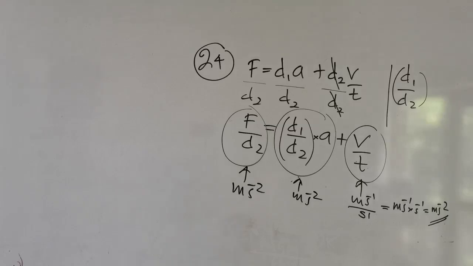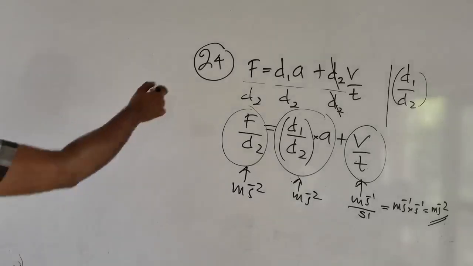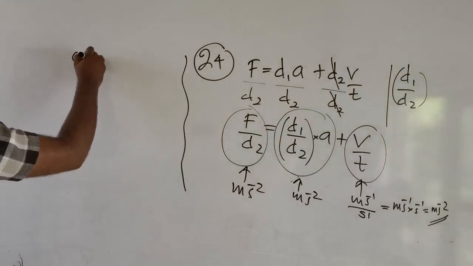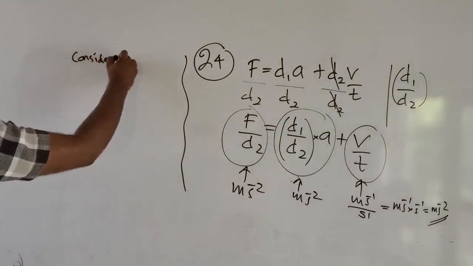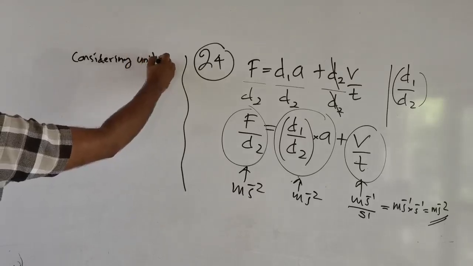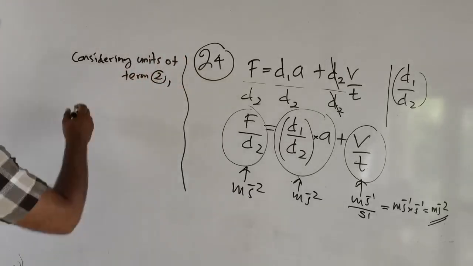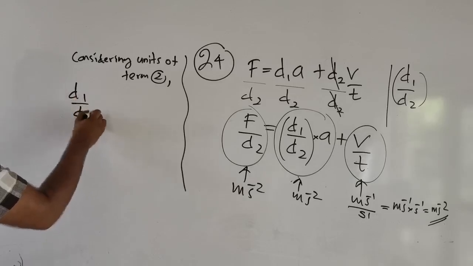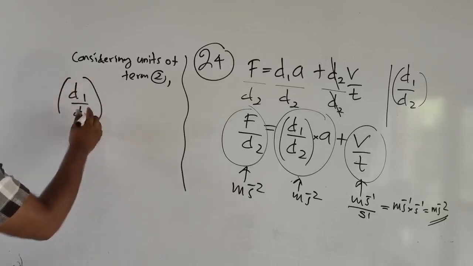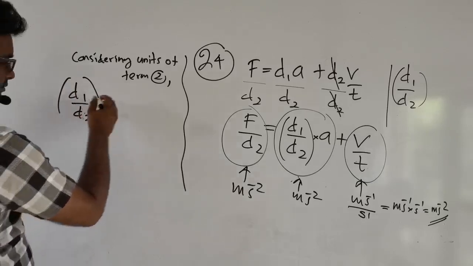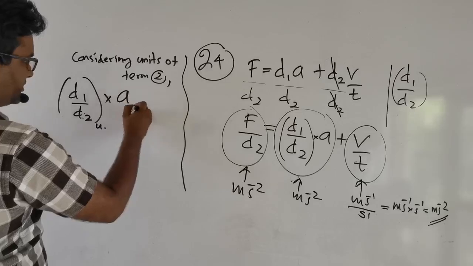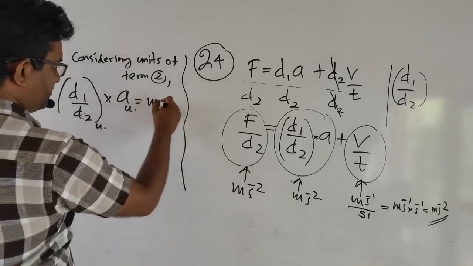Now we can consider the units of the second term. Considering units of term 2, we can write d1 over d2 units into acceleration units, that is equal to m s minus 2.